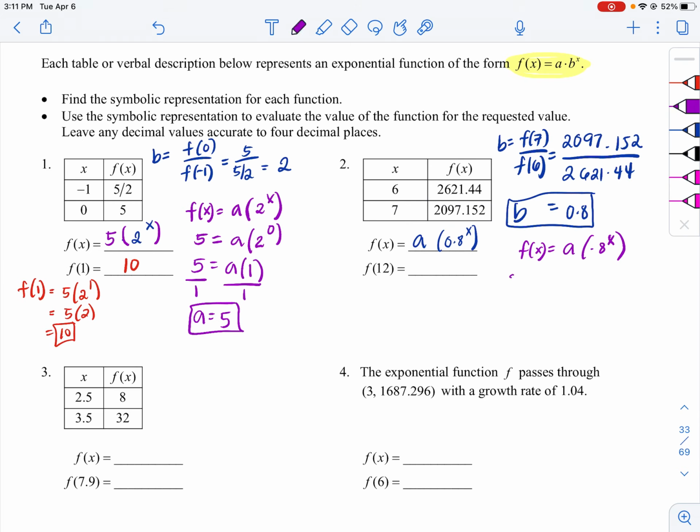So 2621.44 equals a times 0.8 to the power of 6. So I have to solve what 0.8 to the power of 6 is. 0.8 to the power of 6 would be 0.262144, and then I'm going to divide both sides by that.